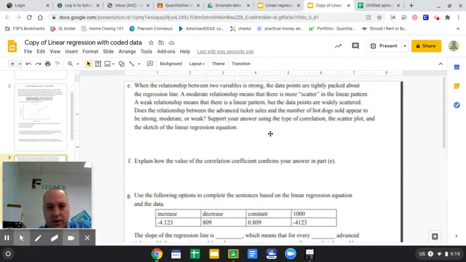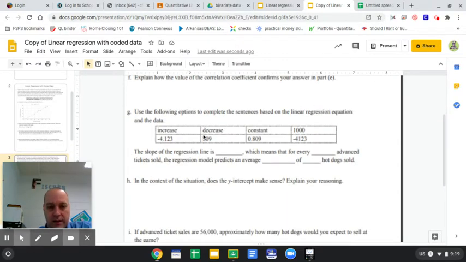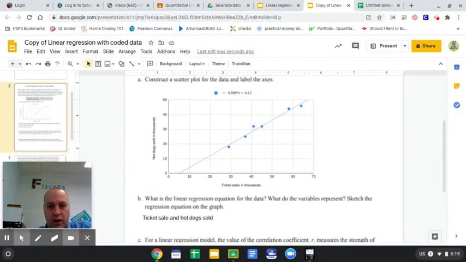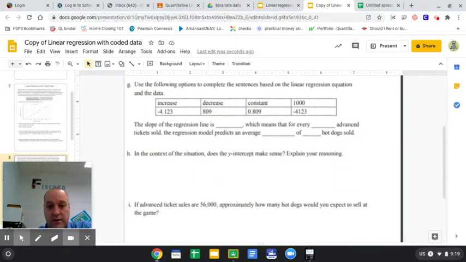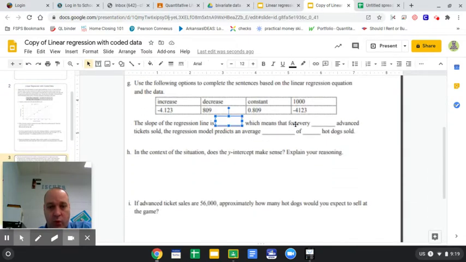Never mind. Okay, the slope of the regression line is. So we go back to our regression line right here, and the slope is 0.809. So I go back down here, and that's the answer. So right here, put 0.809.